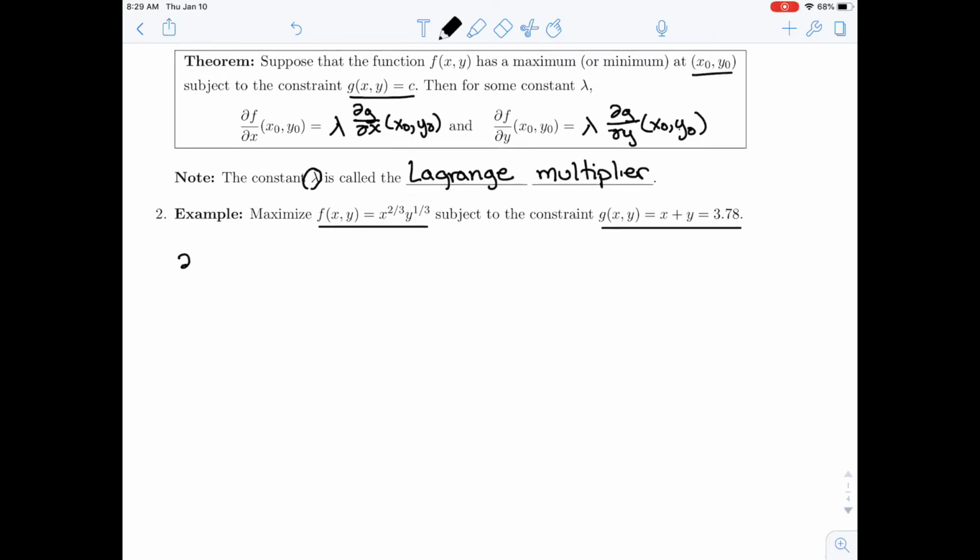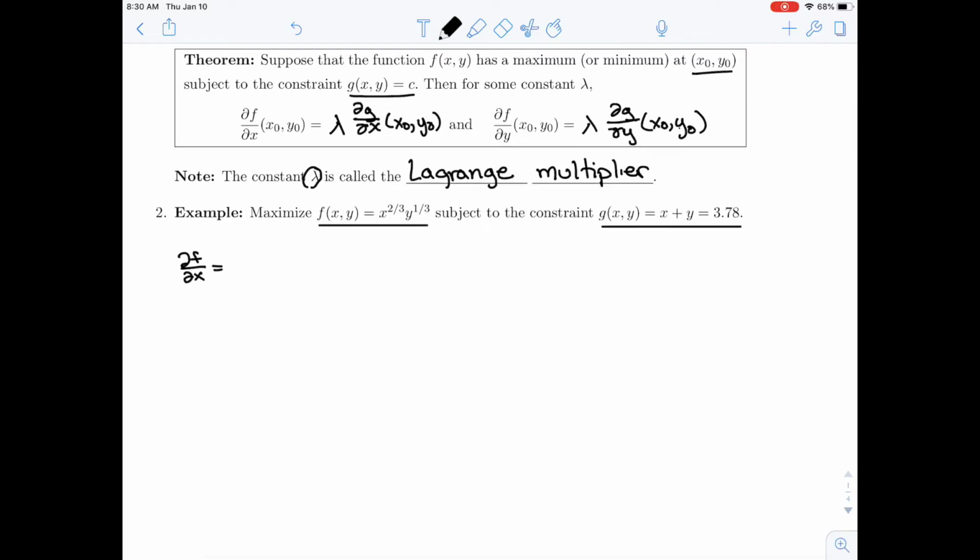So in order to begin, we'll need to find df/dx. df/dx in this case is 2/3 x to the minus 1/3 times y to the 1/3, and df/dy is 1/3 times x to the 2/3 times y to the minus 2/3.